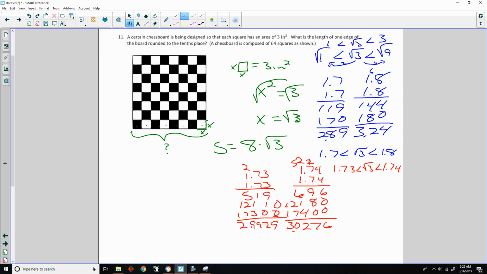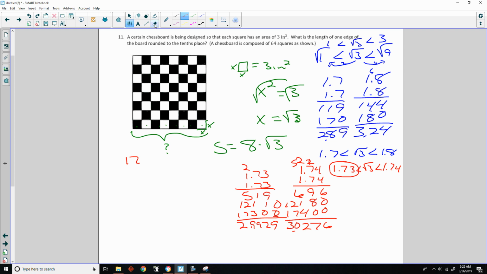Okay, so now this is like 1/100th away, and this is 2/100ths away. So let's use this as our approximation. And it says round to the 10th place, so that'd be 1.7. That's my square root of 3, by the way.